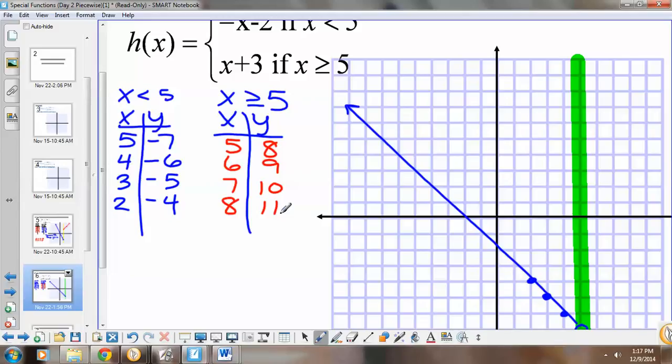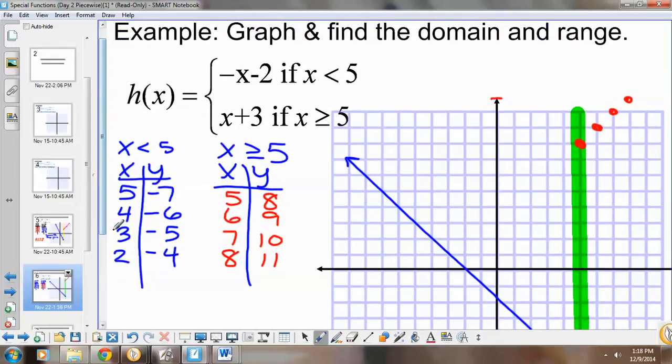Closed. Does your graph look like my graph?